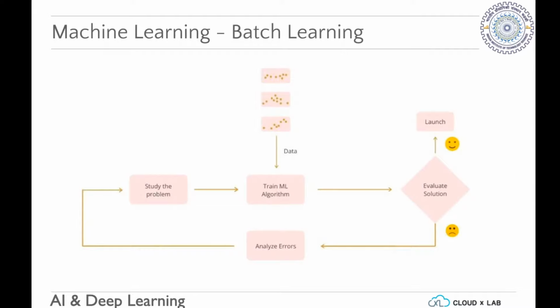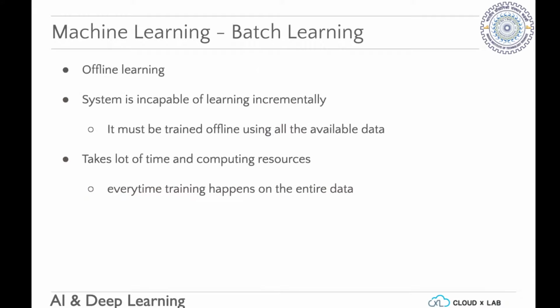If you break it up, it's easier to manage. So you break it up into batches and then feed the entire data, but in batches, to the algorithm. So the algorithm is now taking each batch, evaluating the solution, analyzing errors, running these algorithms. And once you reach a nice little state, when it's happy, it launches. Okay. So that's batch learning.